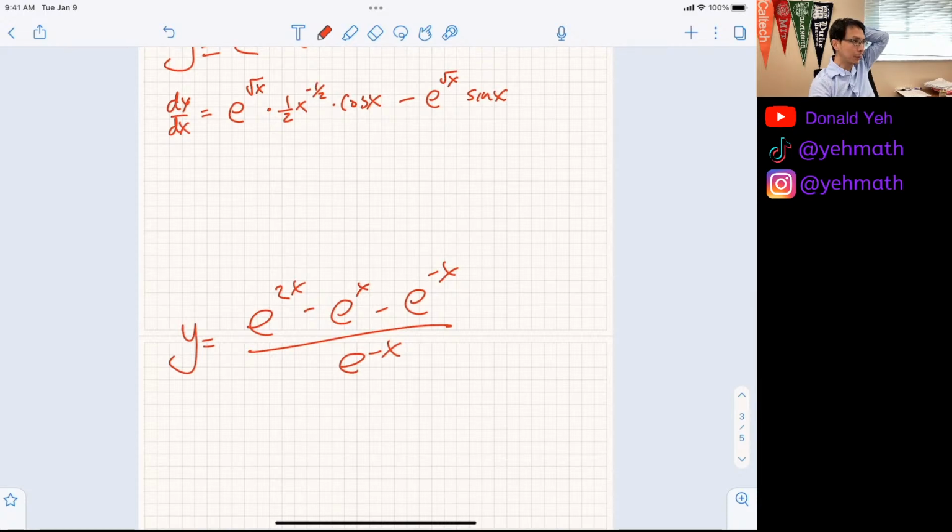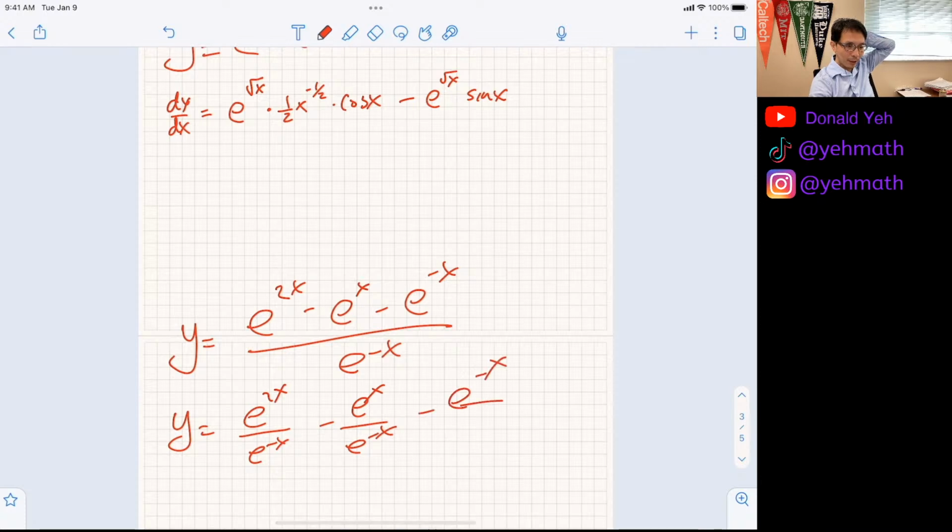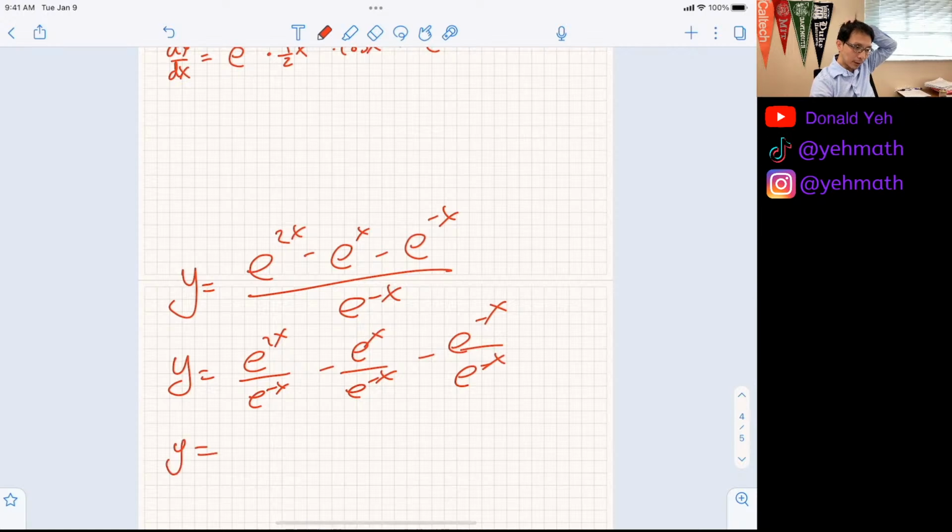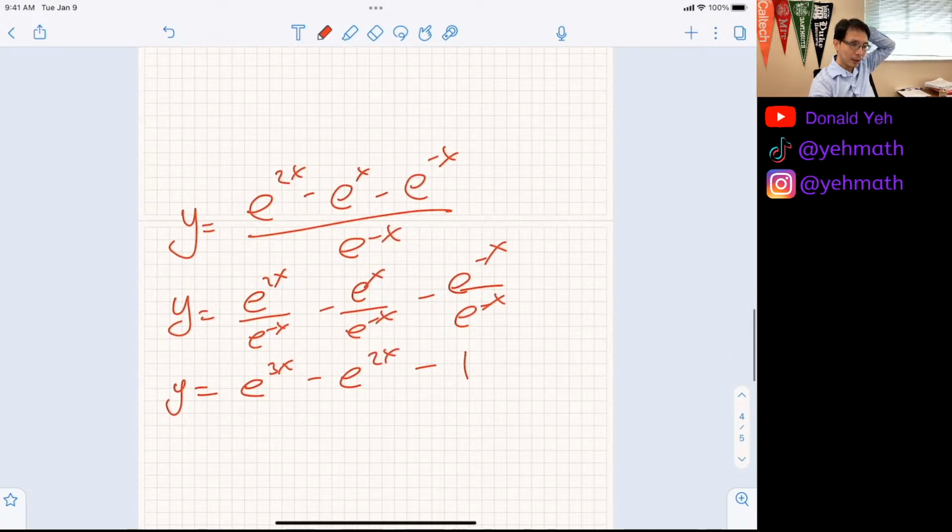Sometimes you don't take a derivative. You're going to say, hey, that's e to the 2x over e to the negative x, minus e to the x over e to the negative x, minus e to the negative x over e to the negative x. E to the 3x minus e to the 2x minus 1, right? Now let's take a derivative.